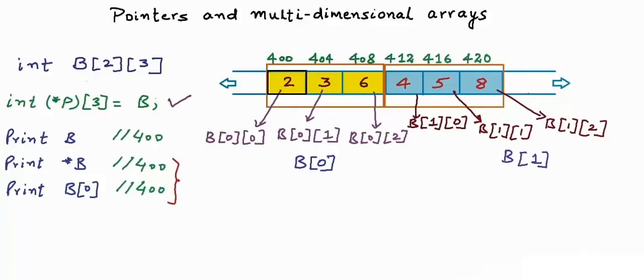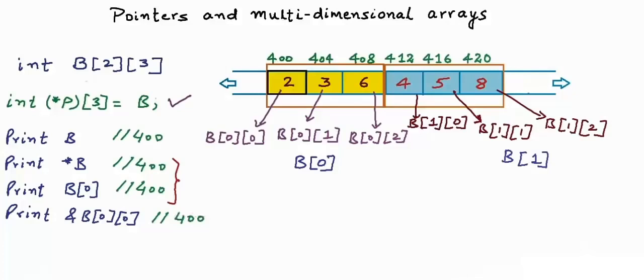So we will get a pointer to b00, this block of 4 bytes starting address 400. Once again, if we would just print the address, then the starting address of this block is 400. That's why the output here is 400. Even if I would print ampersand b00, the output will be 400.